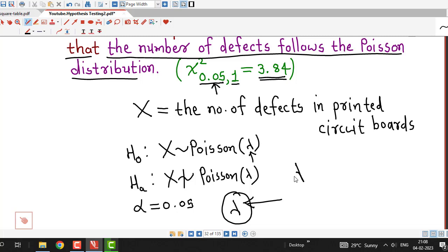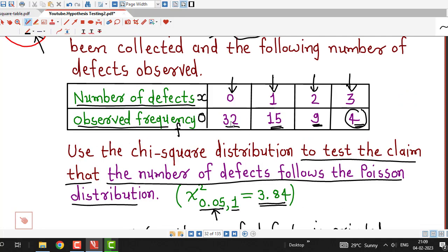So we have to estimate this population parameter lambda using the sample mean x bar. We know the formula for the sample mean of a discrete frequency distribution: we take the product of frequencies with values of the variable and divide by the total number of frequencies. So I multiply 0 with 32, 1 with 15, 2 with 9, 3 with 4, add them, and divide by the total of all the frequencies, which is 60.